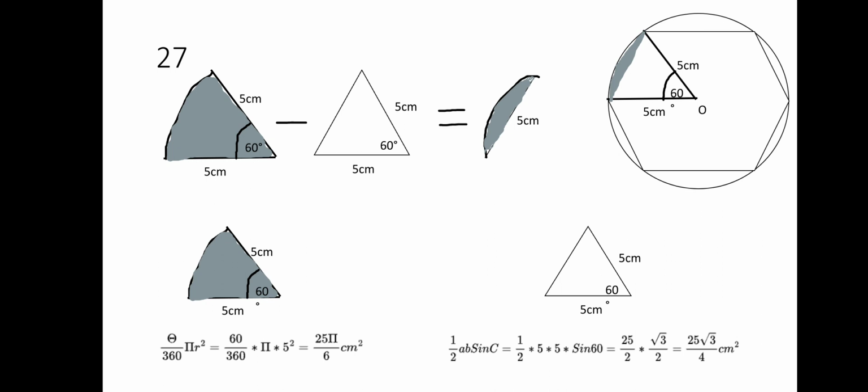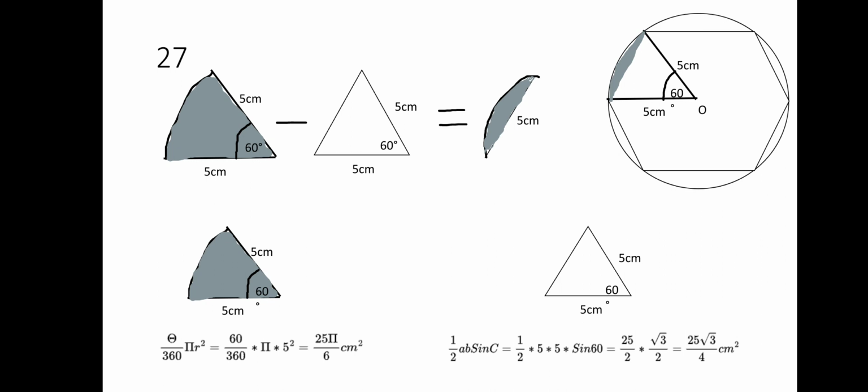For the triangle, we're given two sides and an angle, so we can use the formula half ab sine C. A and b are going to be the two sides that are next to each other. In this case, they're both 5 centimeters, and C is the angle in between these two sides, so this is 60 degrees. Applying that formula, you get half times 5 times 5 times the sine of 60.